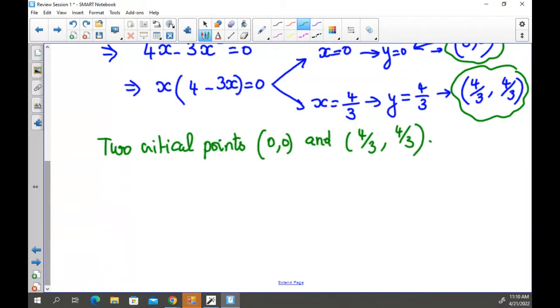Great. Now, to classify them, so that's the first part of the question. Now we need to classify them. How do we classify them?